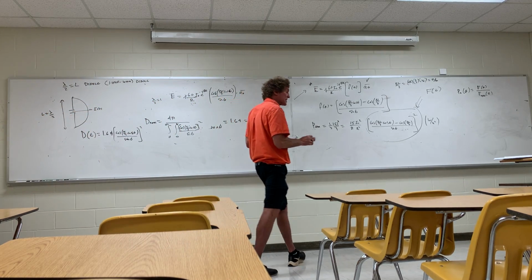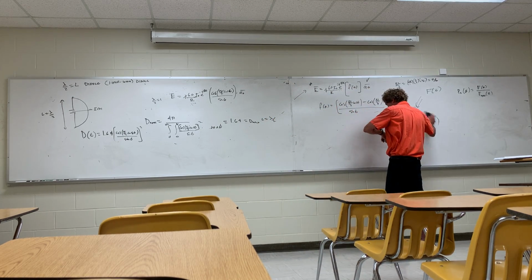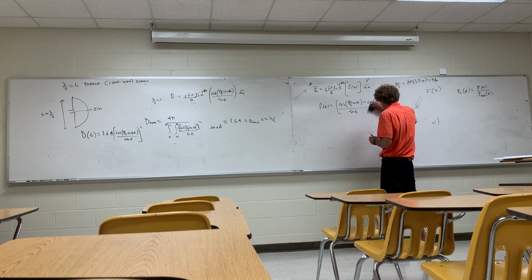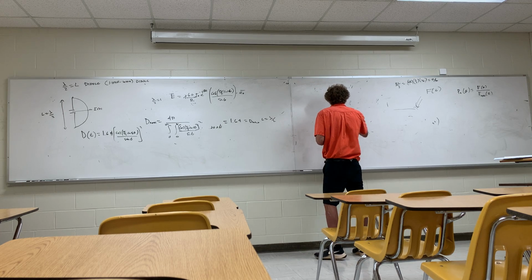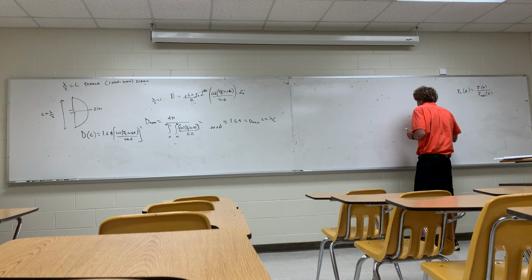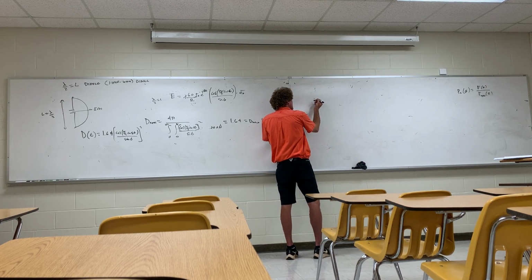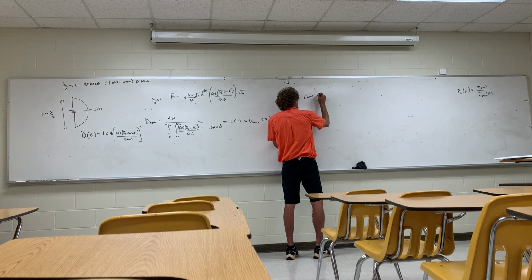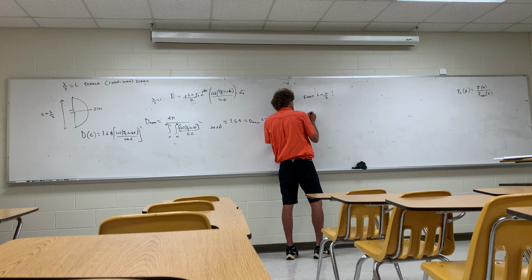Here's one last thing about this. Now, with half-wave dipole antennas, I'm going to write this part down. When you have dipole antennas that are exact, write this down, exact, L equals lambda over 2, then you get the antenna impedance.